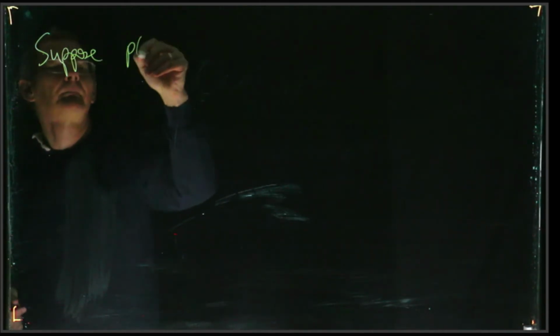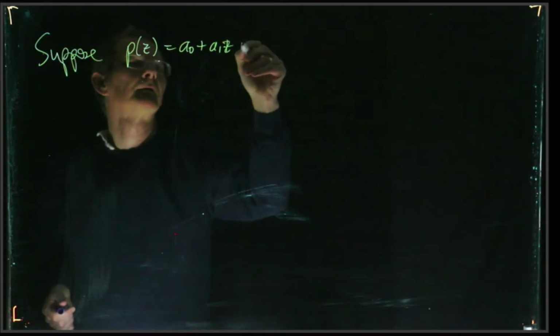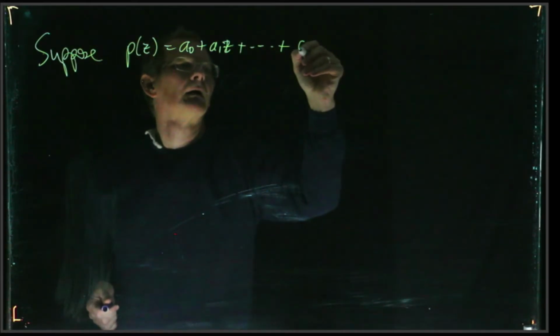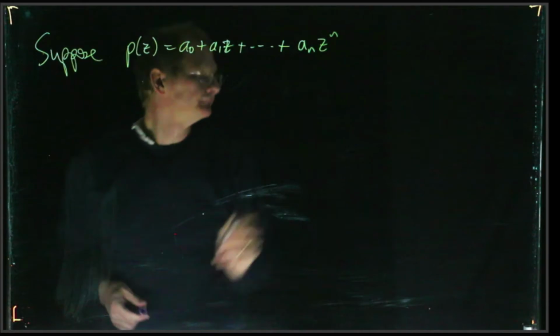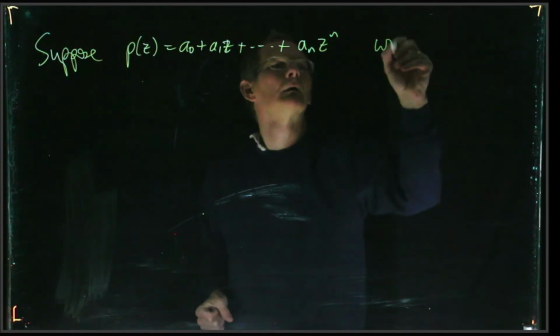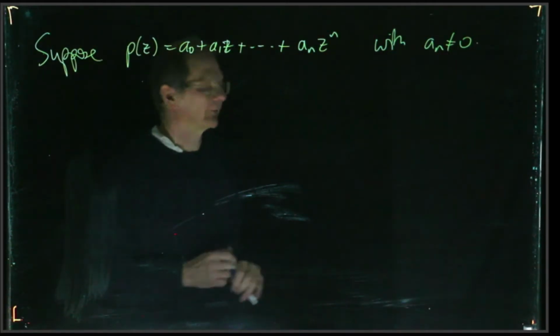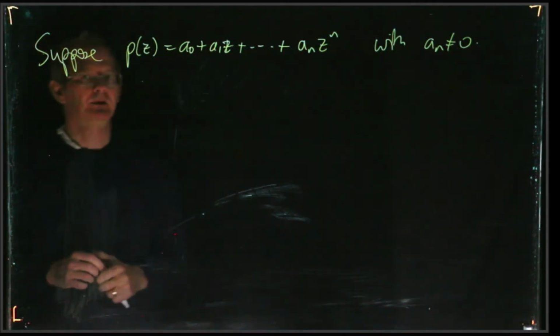Now let's suppose our P of z was a_0 plus a_1 z up to a_n z to the n. And it was supposed to have degree n, so the last coefficient a_n is supposed to be non-zero.